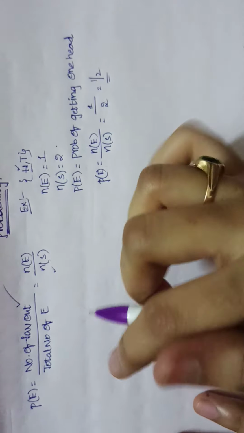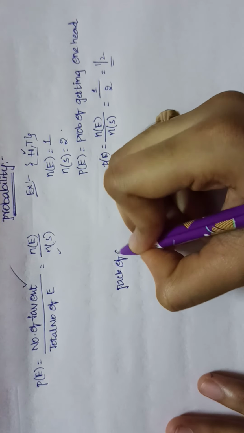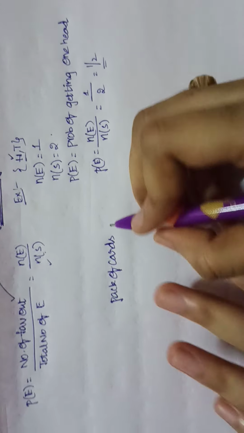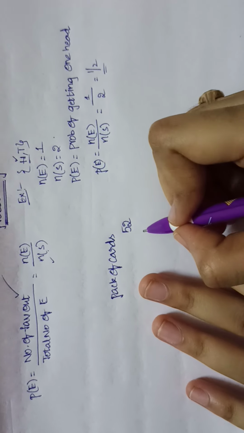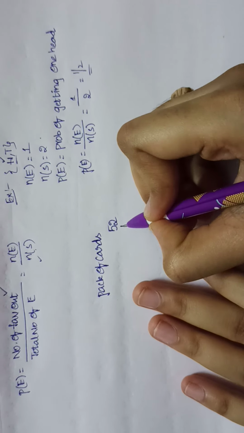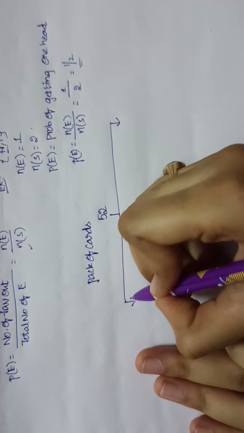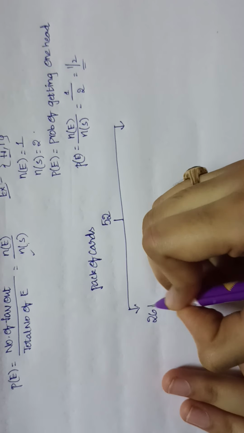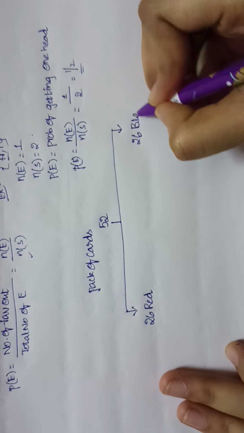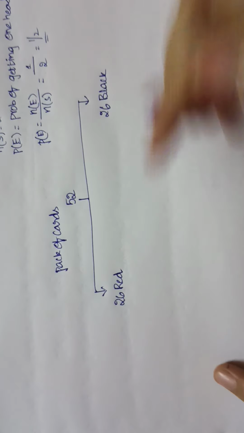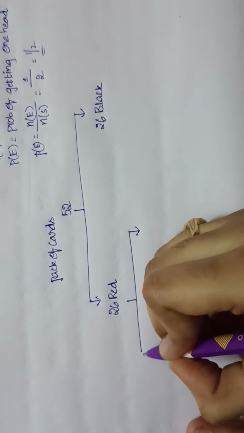Now let us see the pack of cards. Here there are a total of 52 cards present in a deck of cards. These 52 cards are subdivided into two types. They are 26 red and 26 black. These 26 red cards are subdivided into two types.